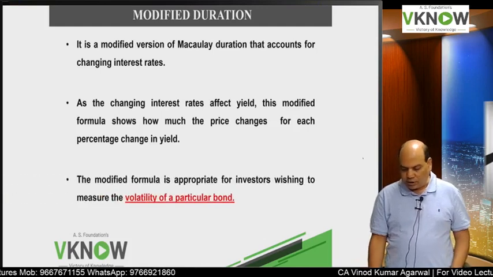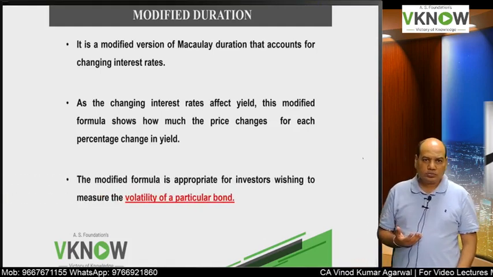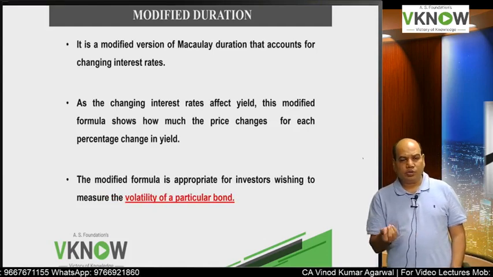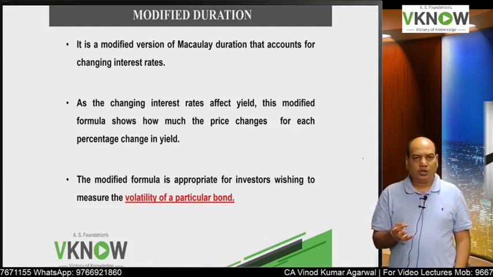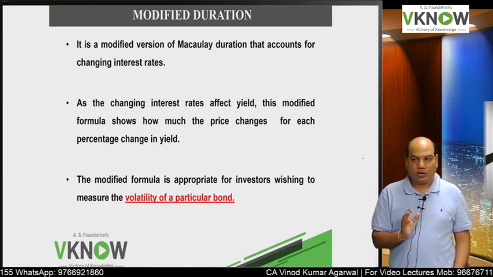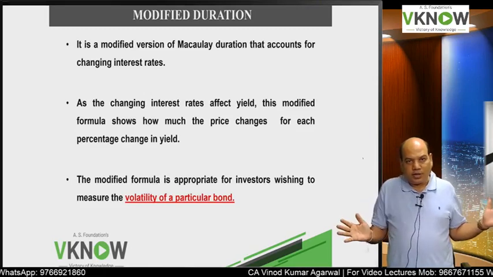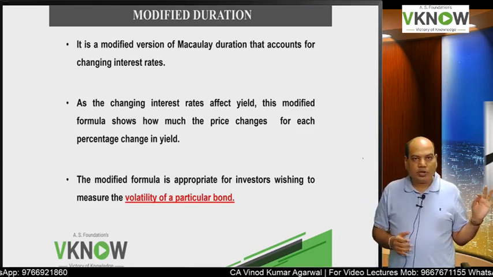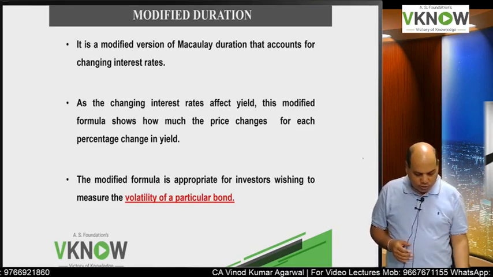If the change in YTM is low, like 0.1%, 0.2%, then modified duration is very close to the accurate answer. But if change in YTM is higher, then modified duration does not give you accurate answer.